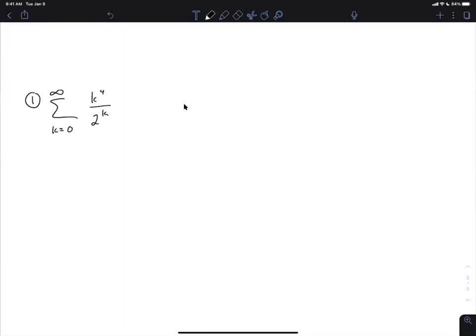The directions would just say: show whether the series converges absolutely, converges conditionally, or diverges. Go ahead and write that too.